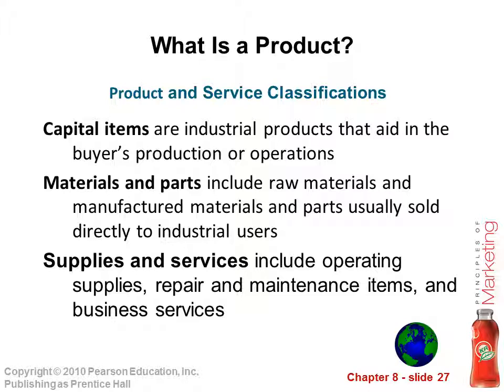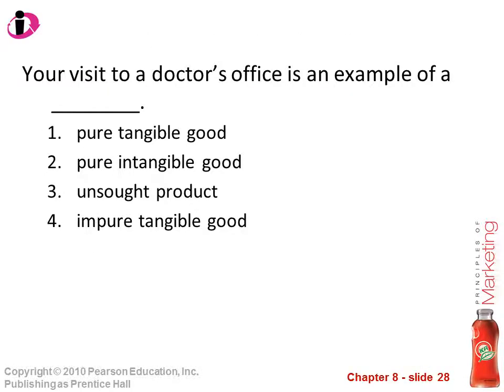The materials and parts include raw materials and manufactured materials and parts, usually sold directly to industrial users. The supplies and services include operating supplies, repair and maintenance items, and business services. Your visit to a doctor's office is an example of a pure intangible good.